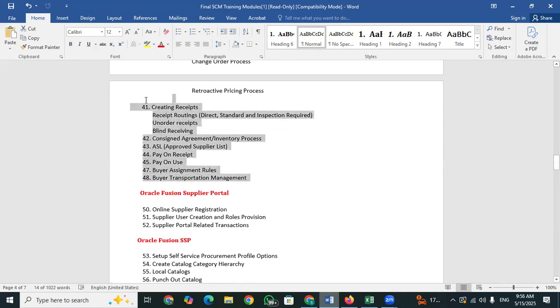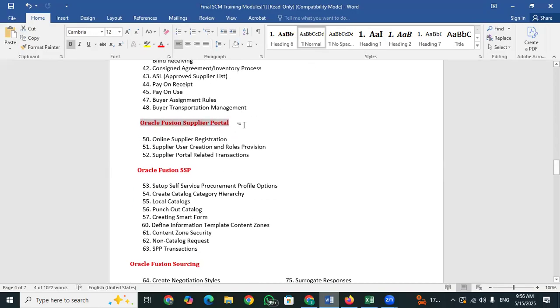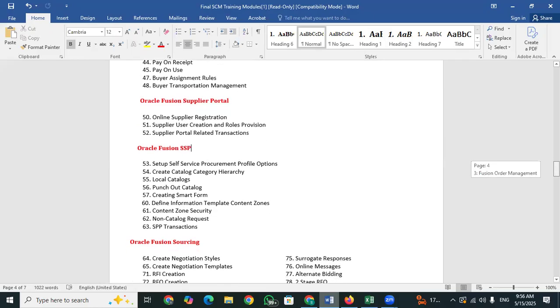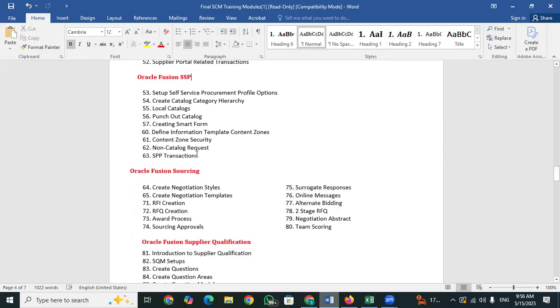In the same way, we make these setups in the application and do the transactions. So this is all about transaction related. And we have sub modules on the procurement side. That's the supplier portal. Supplier portal means suppliers have their special logins. They can log in with their credentials and acknowledge any purchase orders that come. Then self-service procurement is one of the important modules.